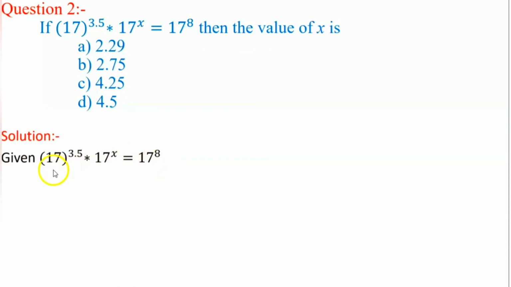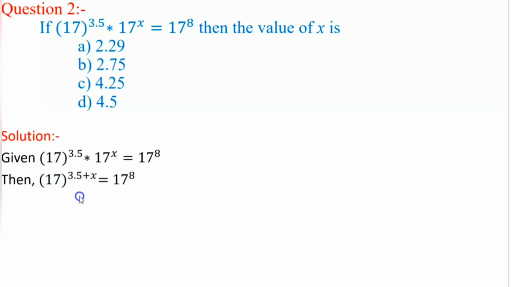Now observe here that the base in each of the terms is the same, and it is equal to 17. So by using the first law, which says that if you have the same base, then you can add up the powers, the left hand side term is the same as 17 raised to 3.5 plus x, and the right side remains the same.